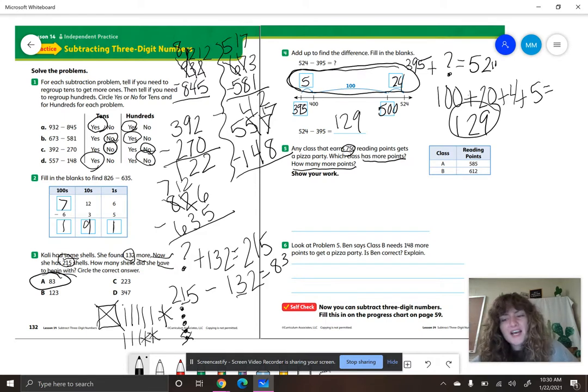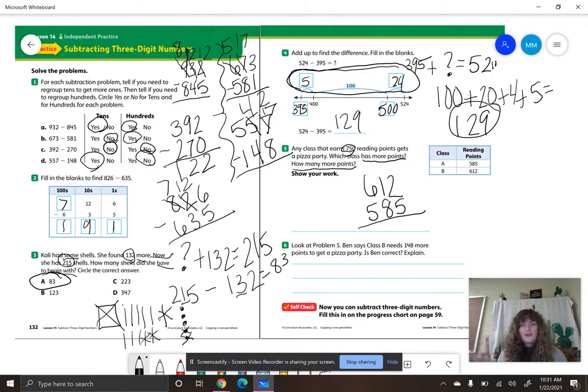We are comparing Class A to Class B. Which class has more points, A or B? Look at your chart. Which class has more points? B. So B has 612. Class A has how many points? 585.